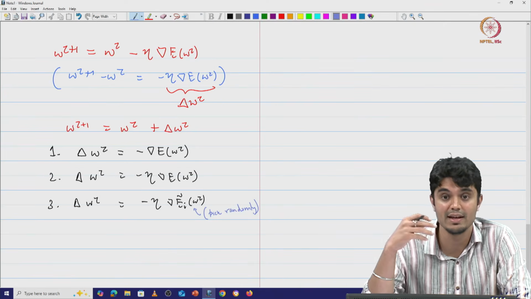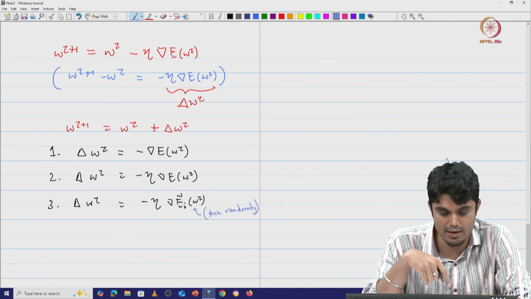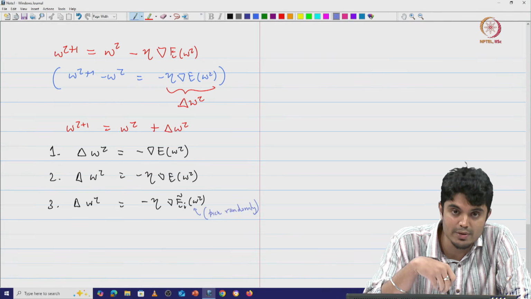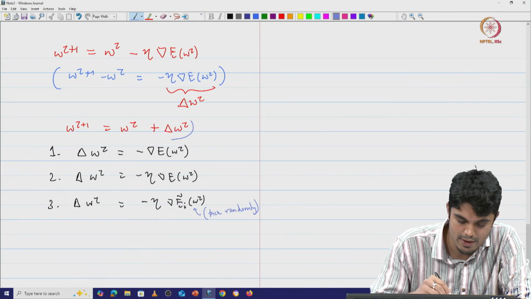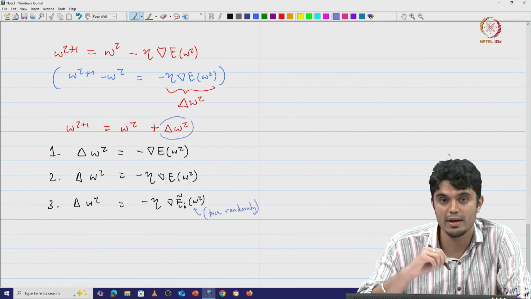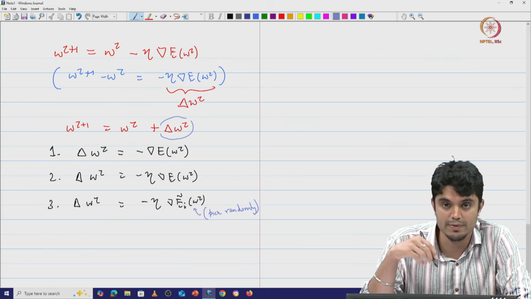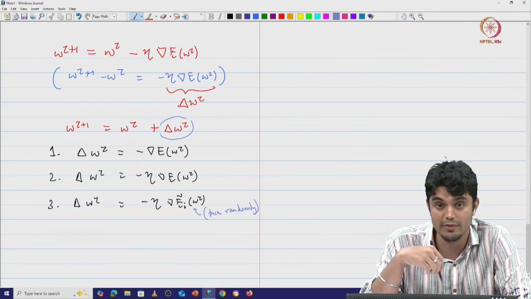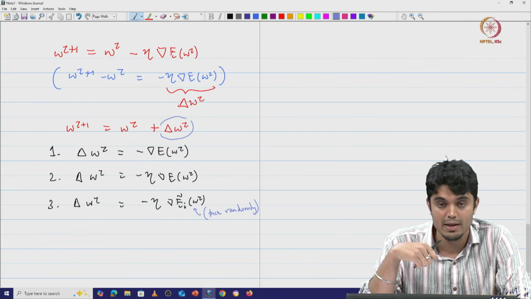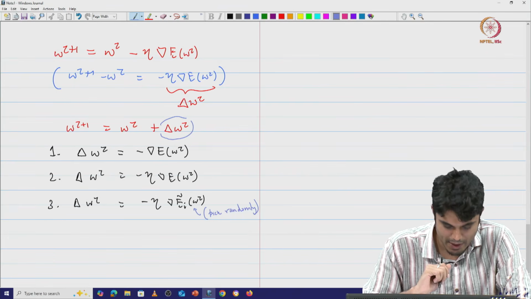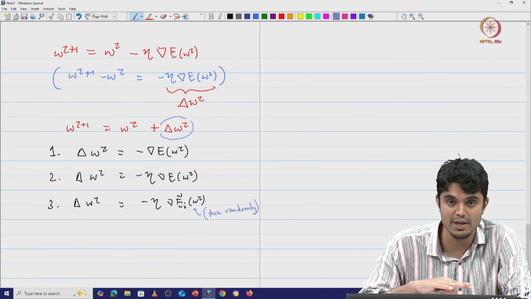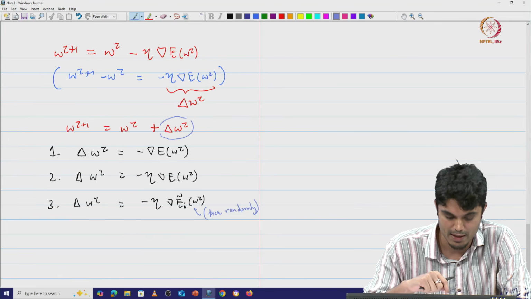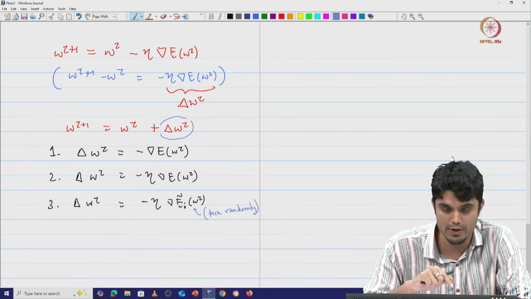So, we have already looked at 3 variants of the gradient descent algorithm, and all of these variants, you can see, differ in the step size. So how we take this is where you get new kinds of gradient descent, or variants of the gradient descent algorithm. One thing to notice here is that we are only using the gradient information of the cost function.